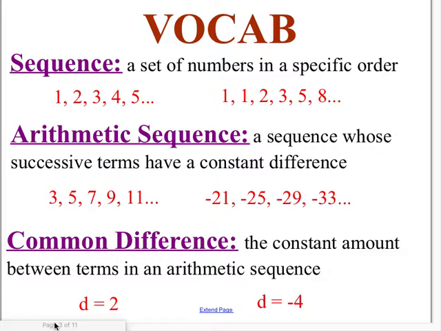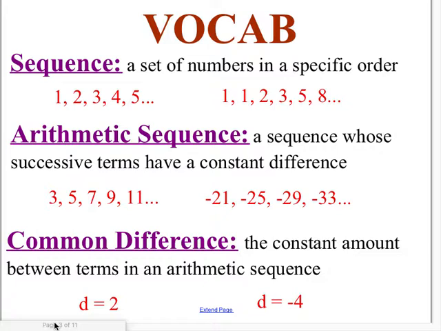The one that we are focusing on today is a specific type called arithmetic sequences. More specifically, they are sequences that have terms with a constant difference.